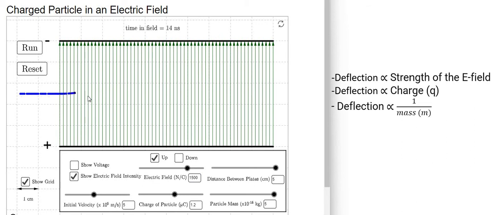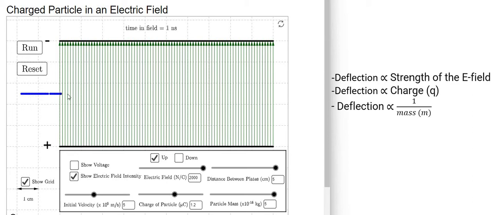When the electric field strength is 1500, the deflection is even more. If the electric field strength is 2000, what will happen? You can see that as the electric field strength is increased, the deflection is even more.